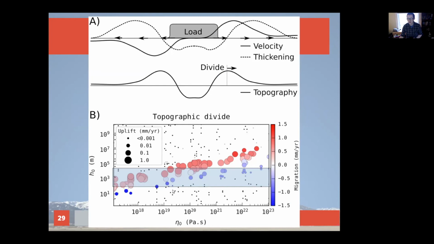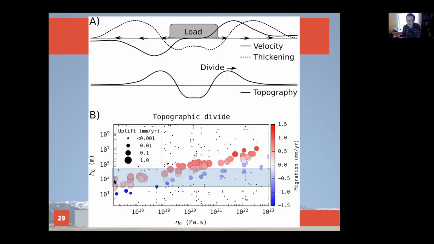And you can do that for models running over 15 million years each, for hundreds or maybe even thousands of models within a couple hours on a normal computer, because these are just one-dimensional finite element models.